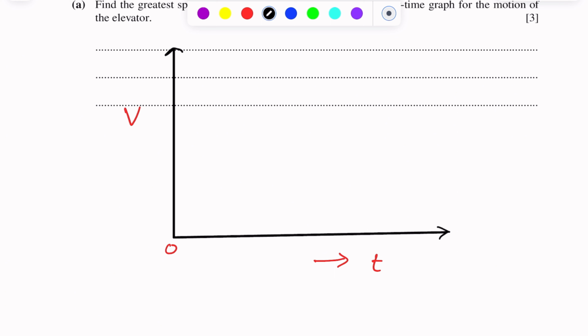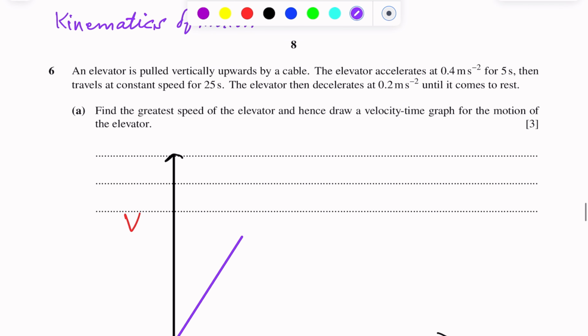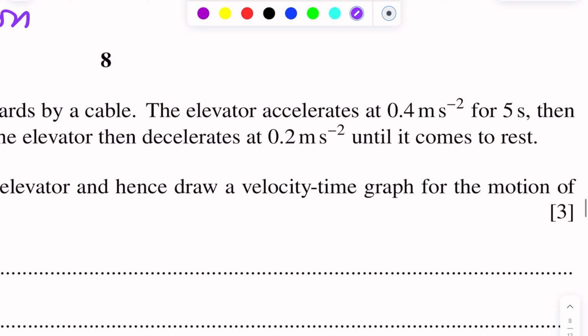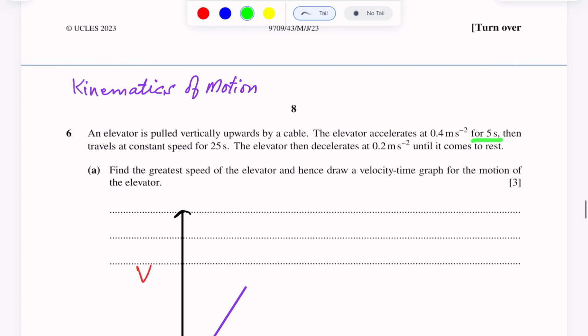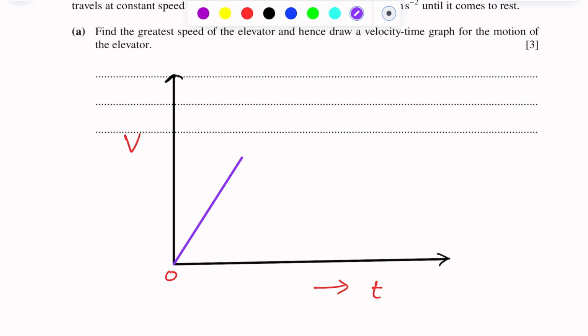This line shows the acceleration. Acceleration is 0.4 meter per second square for 5 seconds. We will mention here 5 seconds. These are the important features of this graph.